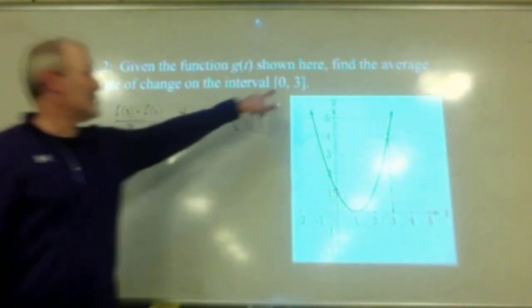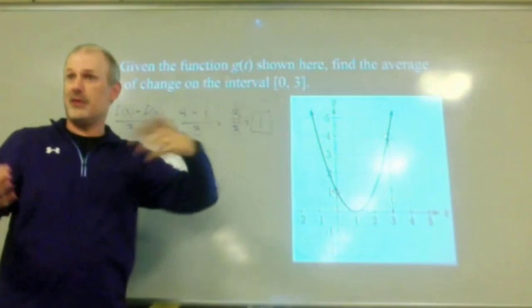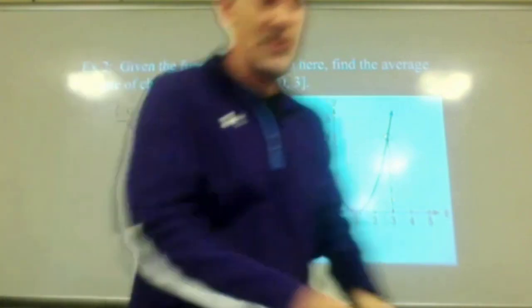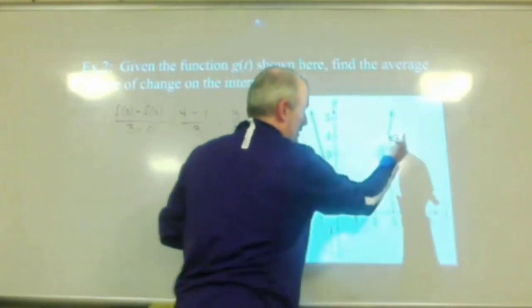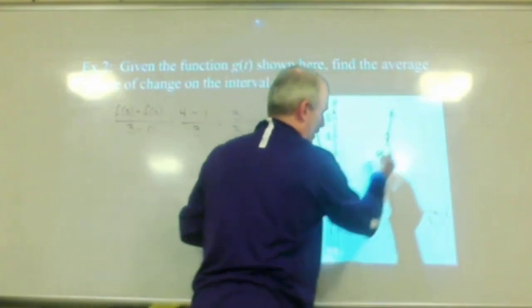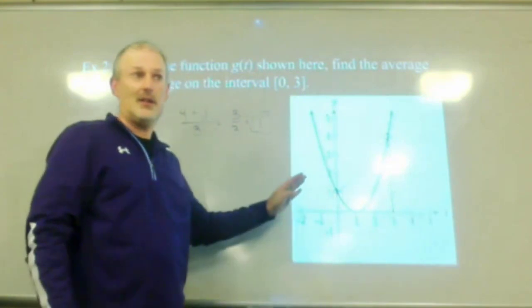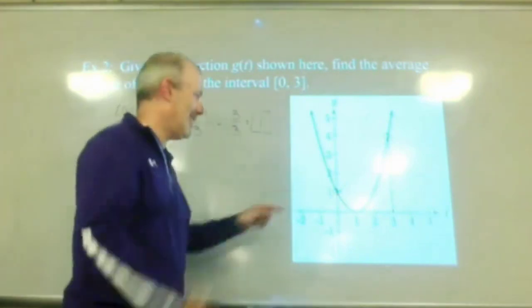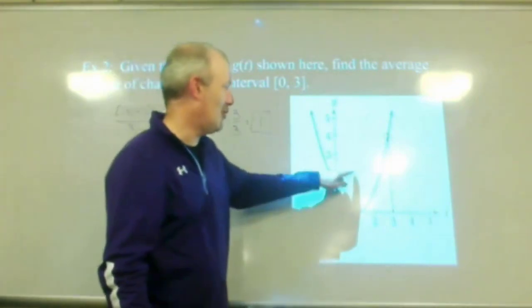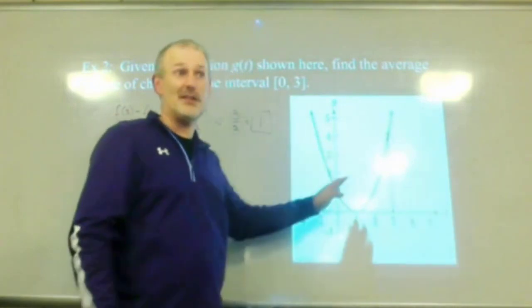Now, it's very important that you use the correct x values, right? Because if you look in a different spot on the graph, your rate of change will be different. But notice what this means. It means to get from here to here, on average, that's your average rate of change. And looking ahead, this is actually up 1, over 1, up 1, over 1, up 1. This is actually the slope of that line that connects those 2 points.